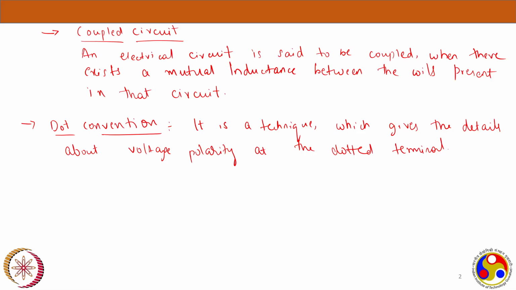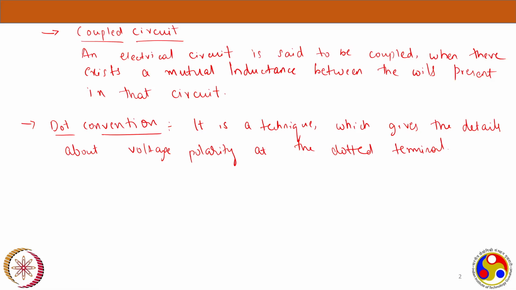Now, the two major rules which are very important in understanding the dot convention. If you understand these two rules, there will be no confusion. So the first rule is, let's take a circuit.